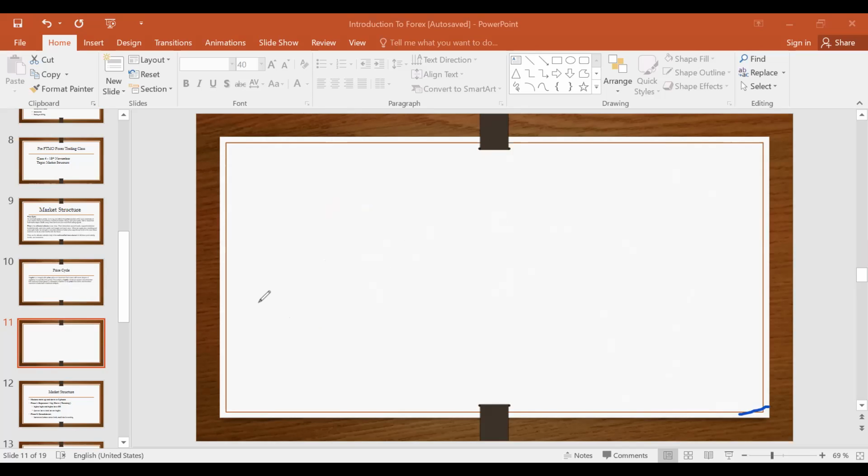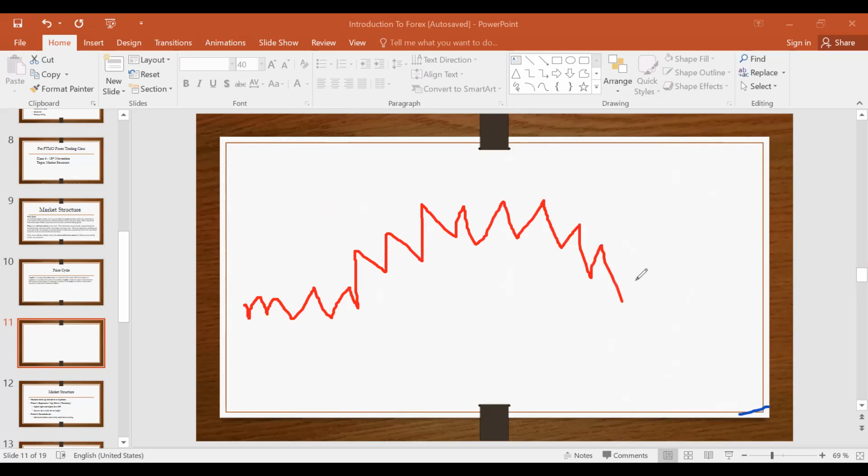So at any given time, the market would probably be going like that. And then it goes up and then slows down and then goes down again. And then up, consolidation, and then up and so on. So this is not perfect, but as you can see, it goes in different steps.